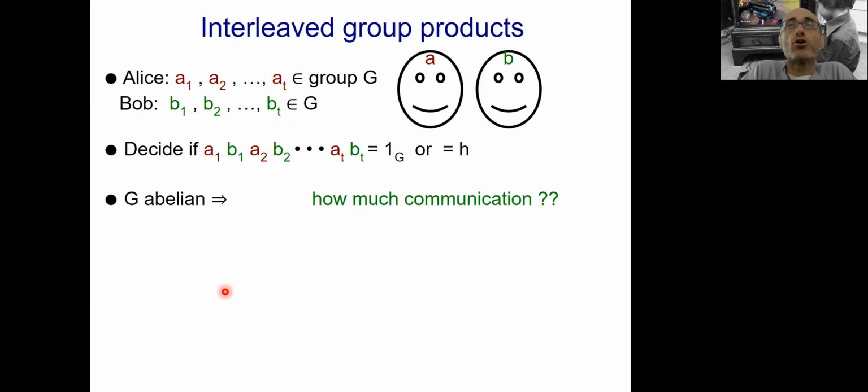This talk is about communication complexity in some way. So let's start with the basic two-party setting. There is Alice and Bob.